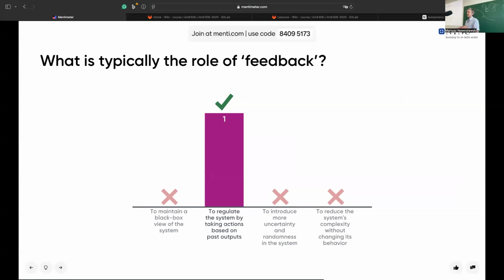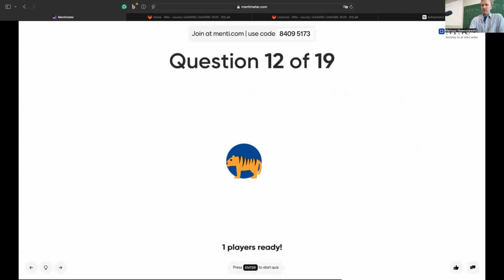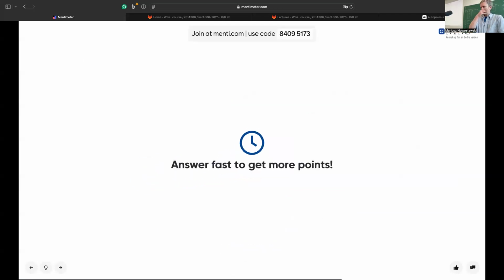Again, sometimes you cannot wait and you have to take action proactively, but most of the time, with feedback loops, we do it this way. Okay, moving forward.